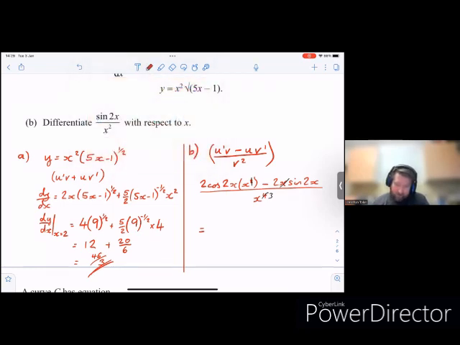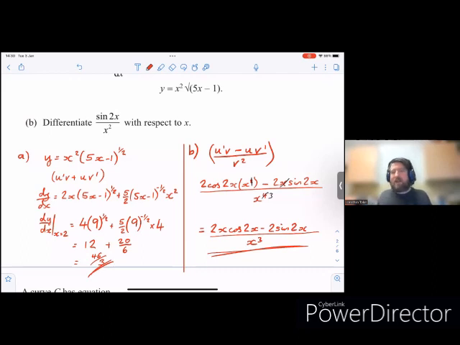So we've got 2x cos 2x minus 2 sine 2x all over x cubed.